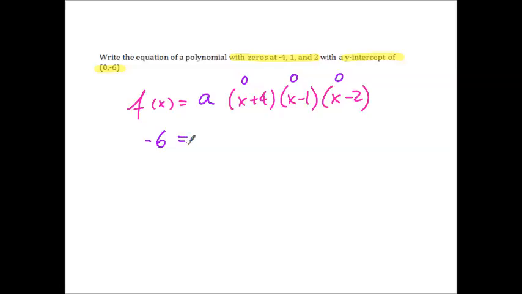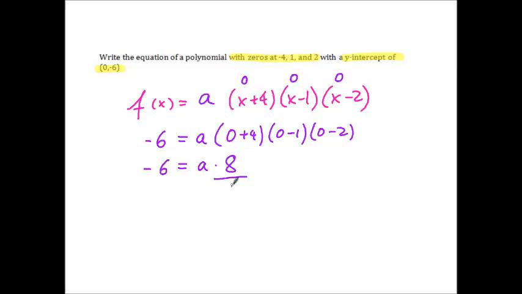So let's write this down. Negative 6 is equal to a times 0 plus 4 times 0 minus 1 times 0 minus 2. And if we do the math, we get negative 6 is equal to a times 8.